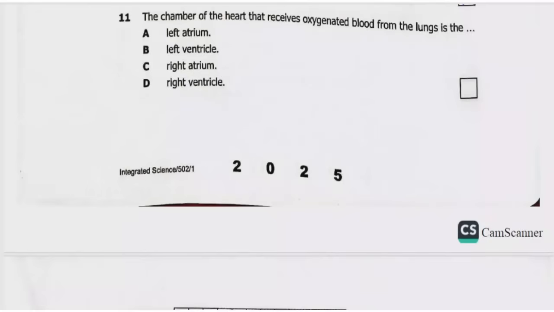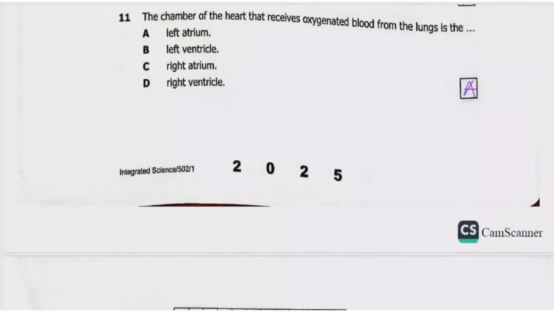chamber of the heart that receives oxygenated blood from the lungs is the A, left atrium, B, left ventricle, C, right atrium, D, right ventricle. The correct answer is A, left atrium. Now here I'm just stating the fact.